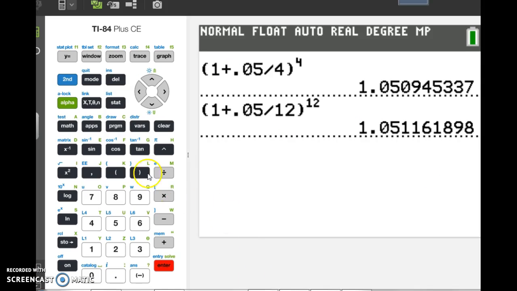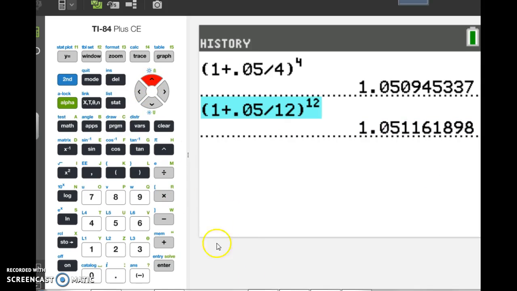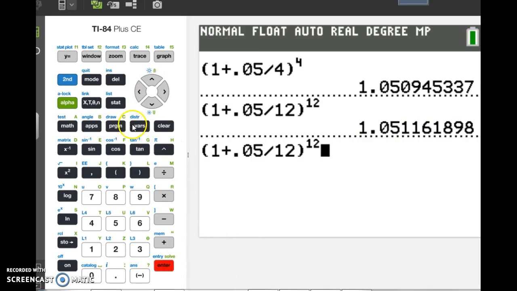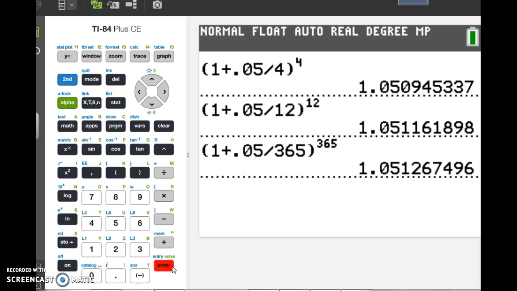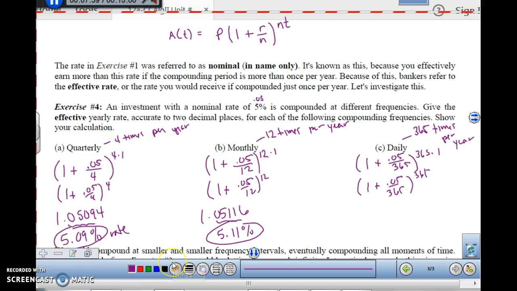Again, I'm just going to go up here and grab this to save myself some typing, and change my 12s to 365. Oops, forgot my parenthesis. And then change that to 365. So it's 1.05126.